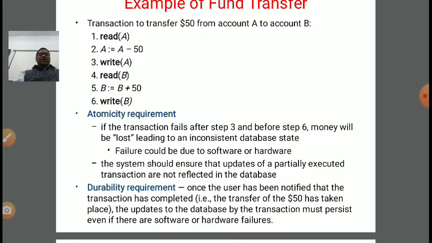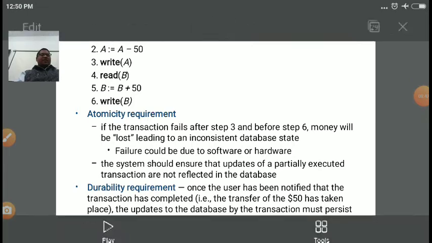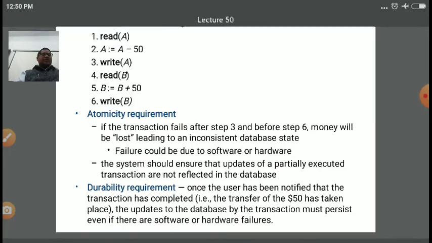Second is the durability requirement. Once the user has been notified that the transaction has completed, that is, the transfer of the $50 has taken place in this example, then the update to the database by the transaction must persist even if there are software or hardware failures. We said that software and hardware failures might occur during the transaction steps.